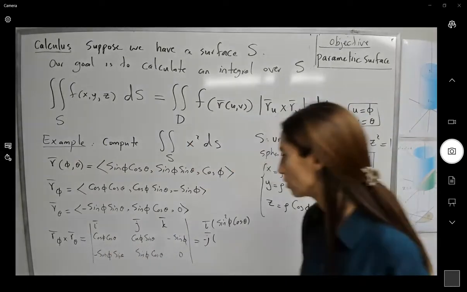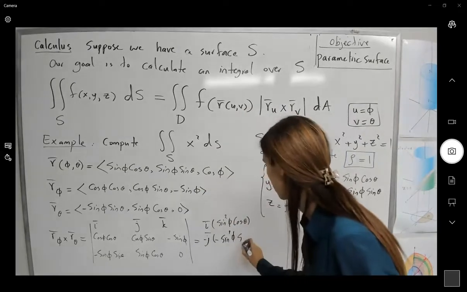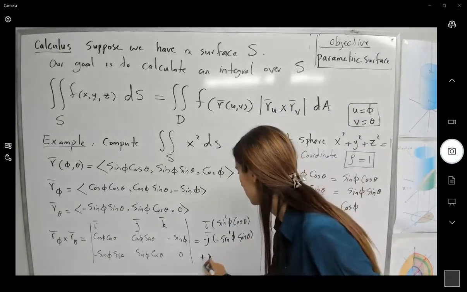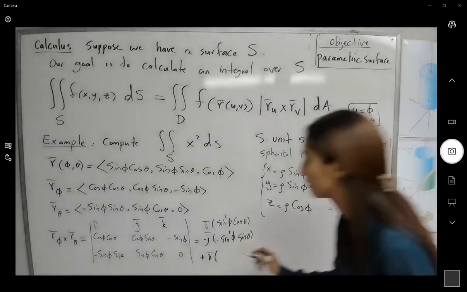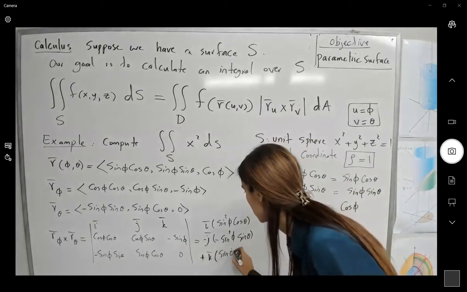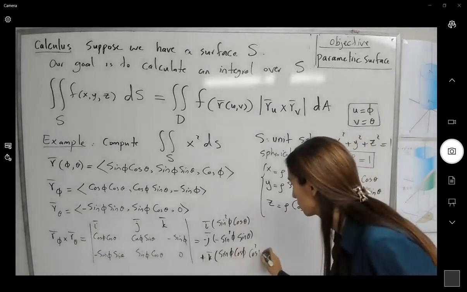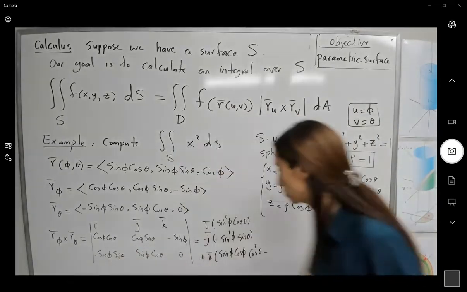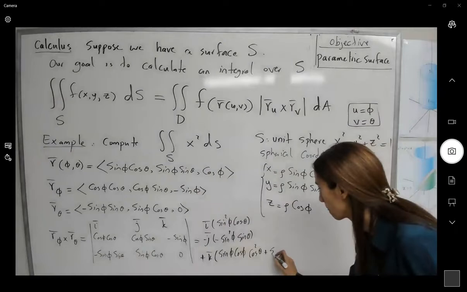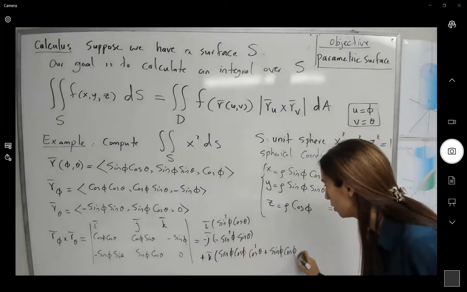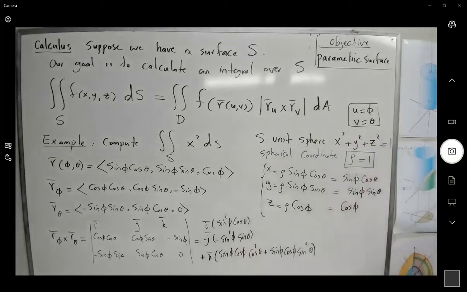Well, this becomes 0 minus sine squared phi times sine theta, plus k in the direction of the z-axis, which gives us sine phi cosine phi times cosine squared theta, minus, we get a plus sign, okay, and here we get sine phi cosine phi times sine squared theta. This is what we have so far. Now we have to find the norm of this vector.